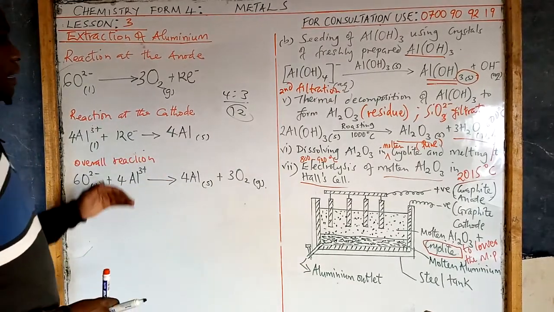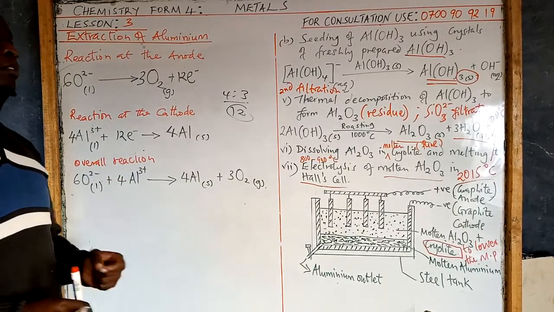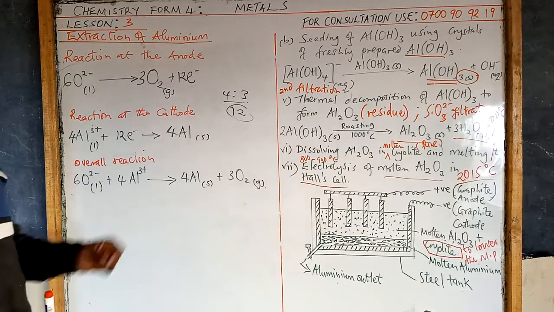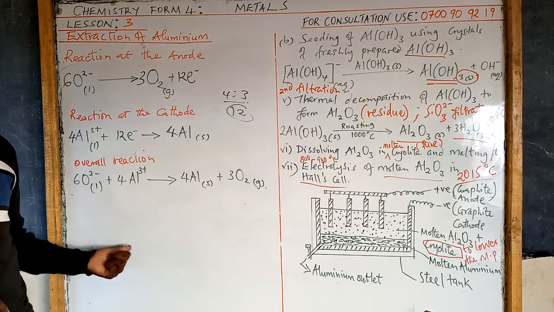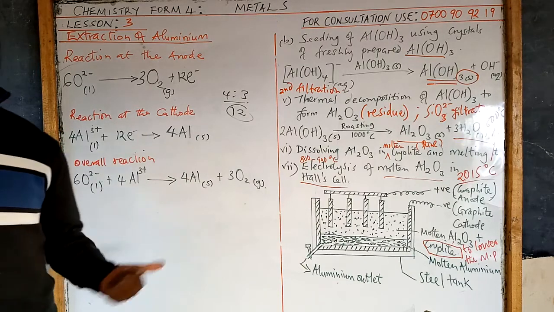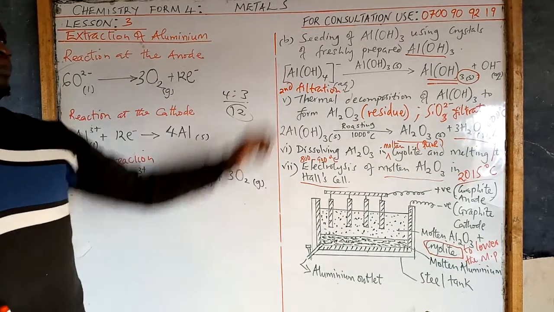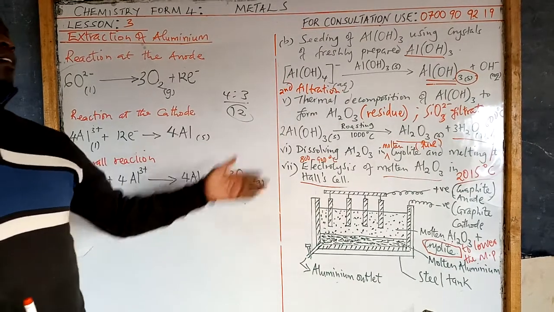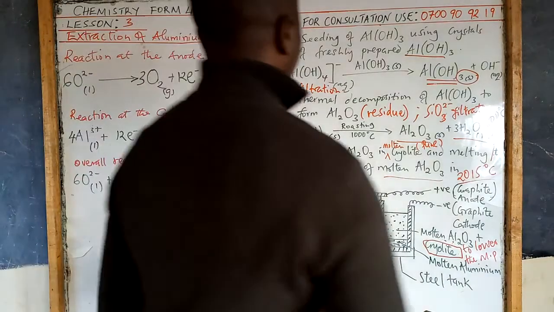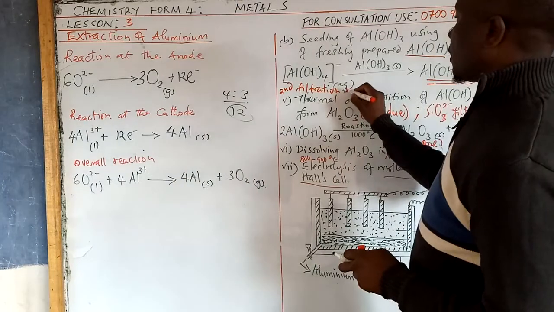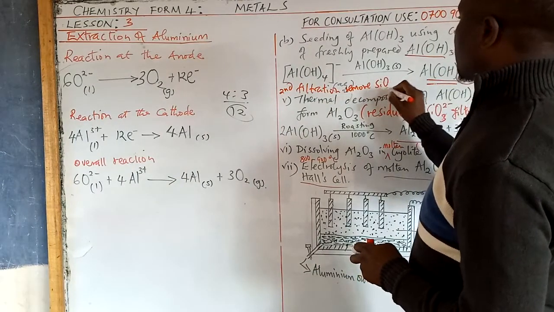Then from there, the filtrate, you have to obtain aluminium hydroxide from the filtrate, either by precipitation using carbon dioxide, that is bubbling carbon dioxide through the mixture, or by seeding process, then filter so that you remove the silicate impurities.